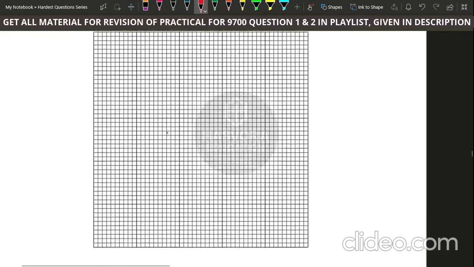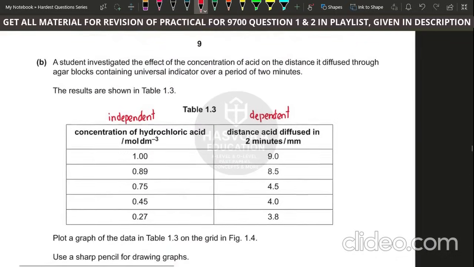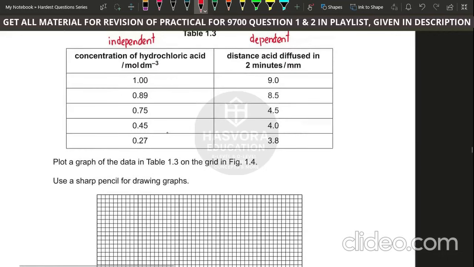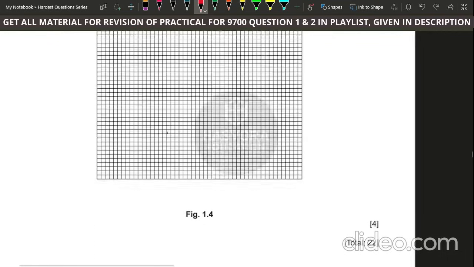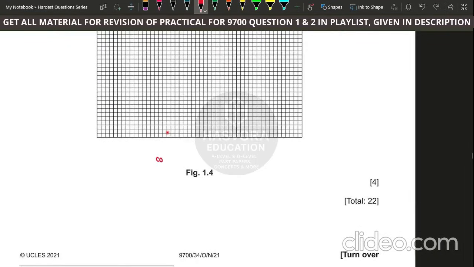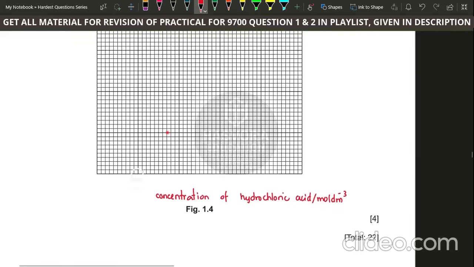Okay, so you just have to first of all calibrate the scale. You also have to mention the axes. So the x-axis is your concentration of hydrochloric acid, and the units are mole per dm cube. Okay, then let's just reduce the size of this.